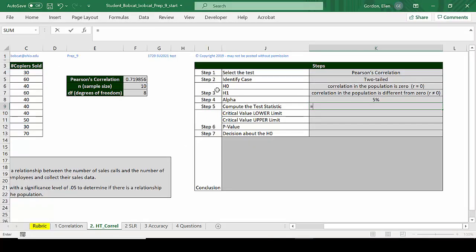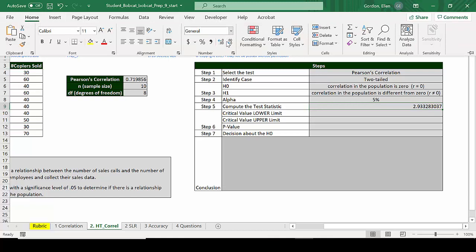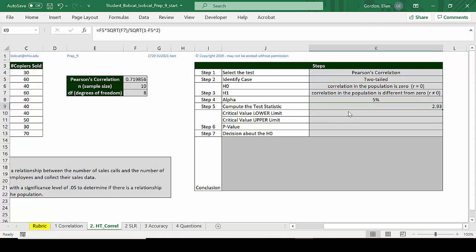So we're going to do R times the square root of our degrees of freedom, and divide that by the square root of 1 minus R squared. And I got 2.93, and I'm going to show 2 decimals.